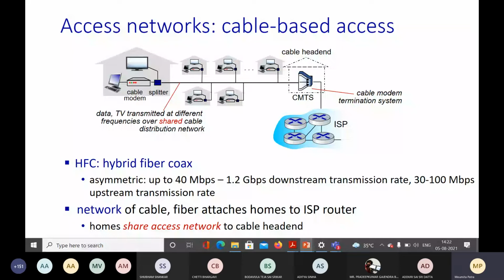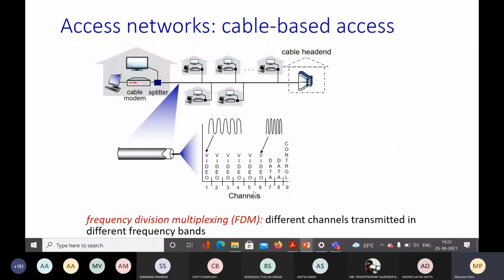How do we send signals at different frequencies? You have different channels at which you can send your signals at different frequencies, as you can see here. We use frequency division multiplexing, where different channels transmit at different frequency bands.